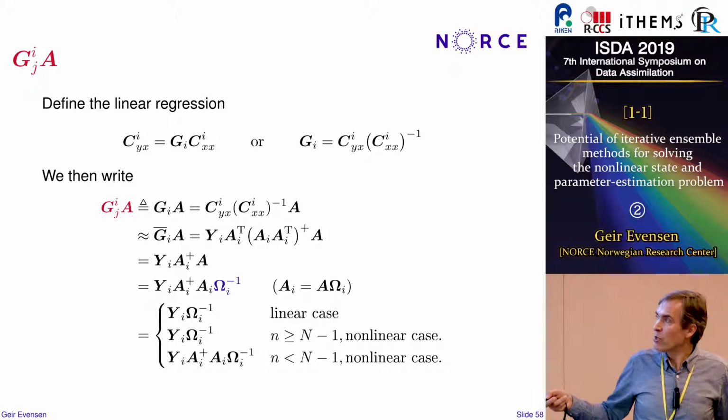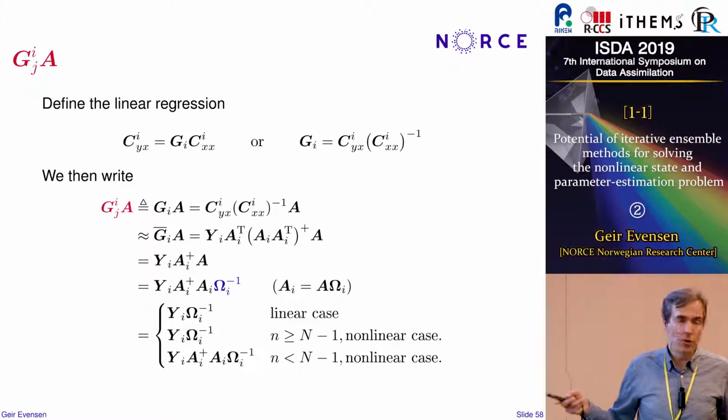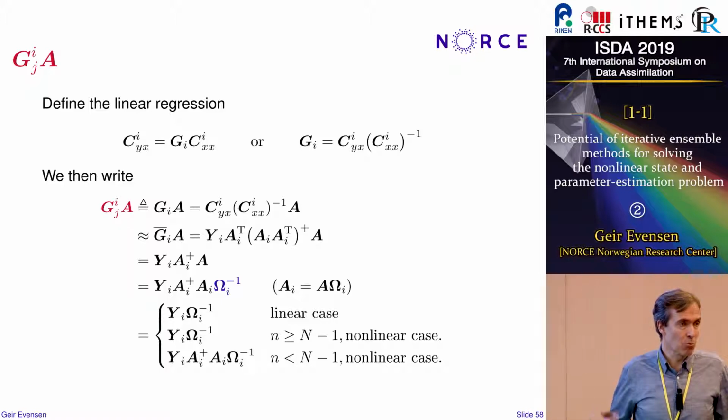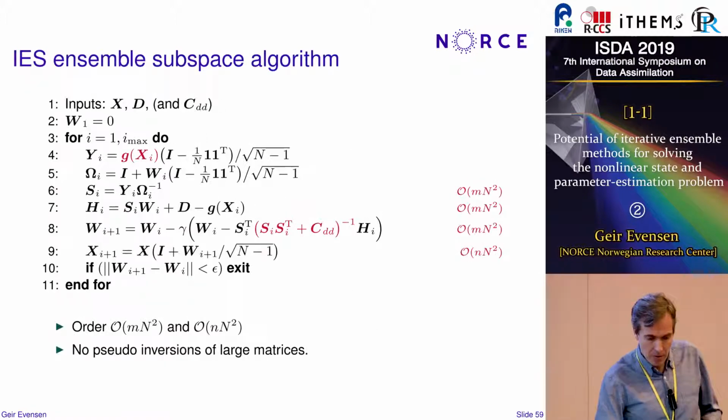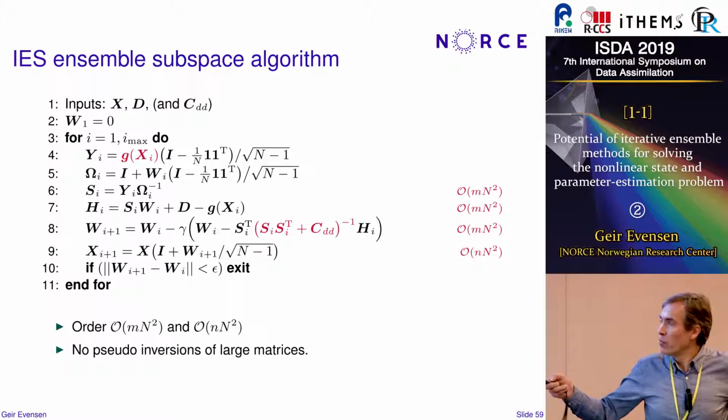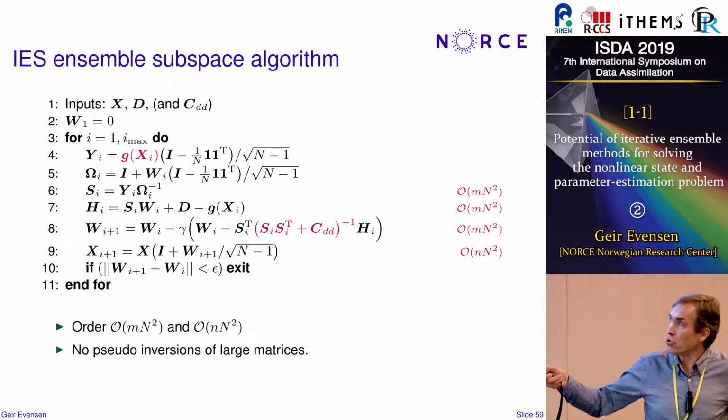And that means you can devise an algorithm that has no reference to the state matrix or state ensemble at all. You have the initial inputs: the ensemble matrix, the perturbed measurements, and possibly the error covariance matrix for the measurements. You set W_0 equal to 0.